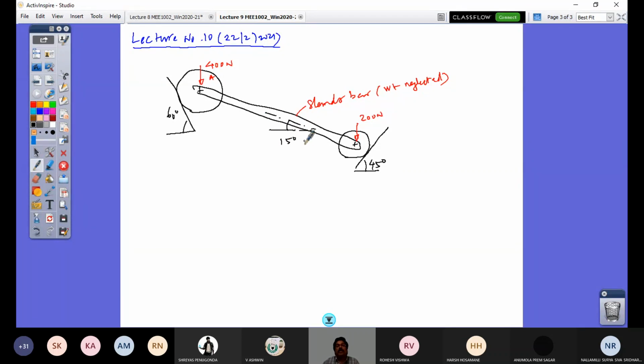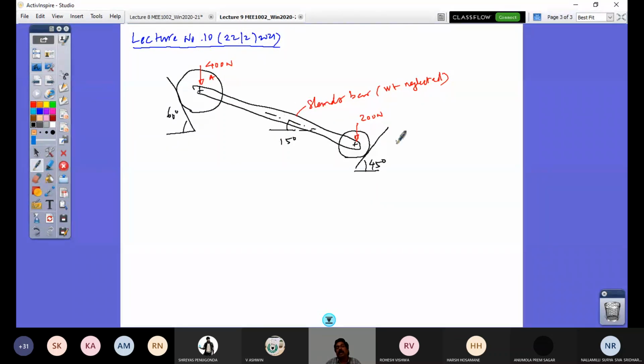If I ask you a question: these two discs of 400 Newton and 200 Newton, connected by a slender bar and supported on the slopes, would settle at some particular angular orientation. But it is given that 15 degrees is the required orientation of the connecting slender bar.